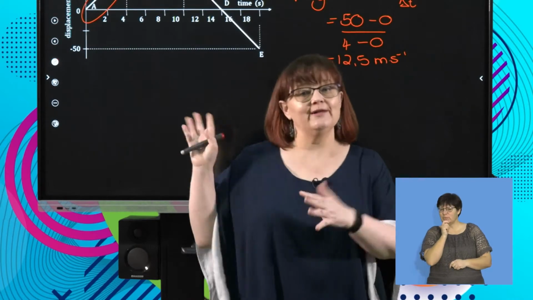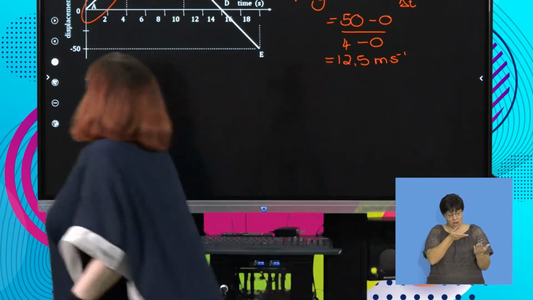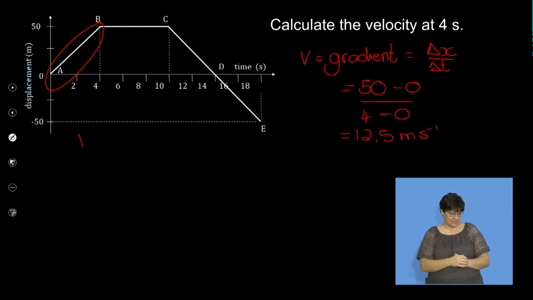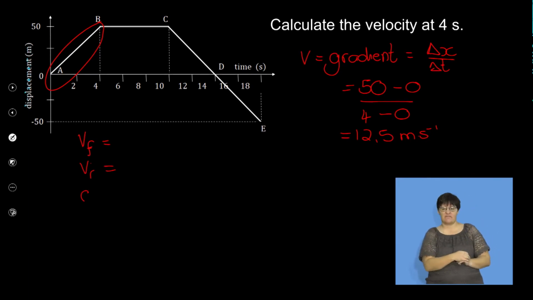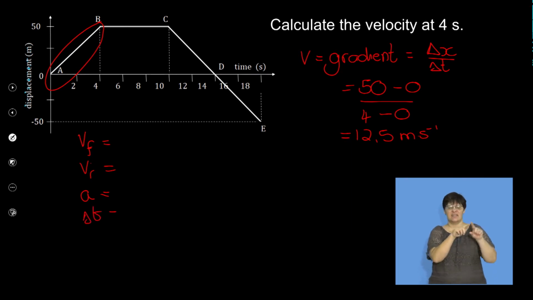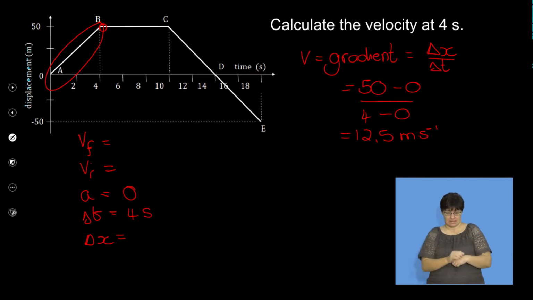So now, let's look at what happens if I use equations of motion. Now, to use equations of motion, I need to decide what information I have. So, we always write down a list: VI, VF, A, delta t, and delta x. Now, it's going at constant velocity, so I know acceleration is 0. My time to get here is 4 seconds. My distance is 50 meters.